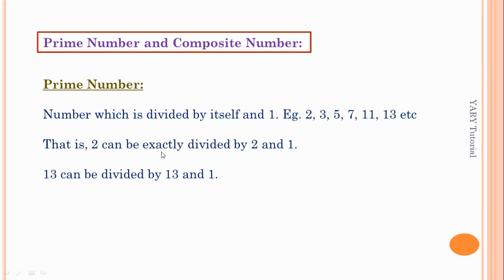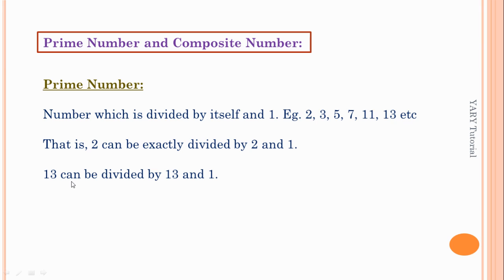Here, 2 can be exactly divided by the number 2 and 1. Exactly divided, what does that mean? This means that you will not be left with any remainder, or the quotient should not be in decimal.